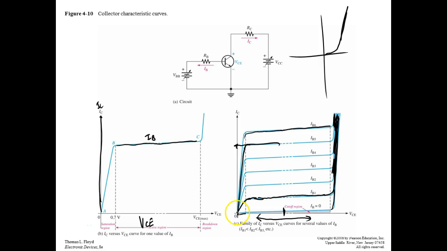If this is the collector-emitter voltage, this would be saturation, and up here, this would be cutoff. Then I would take this current right here and draw a line to this point, and we would want to operate our circuit right there. We call this the Q point of the circuit, the quiescent point.